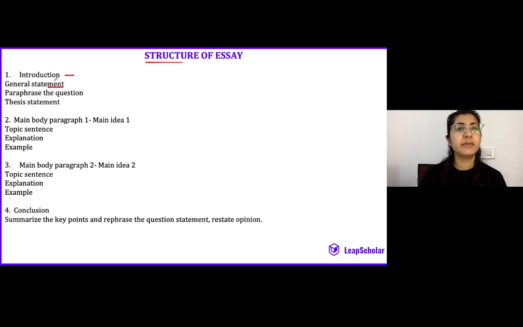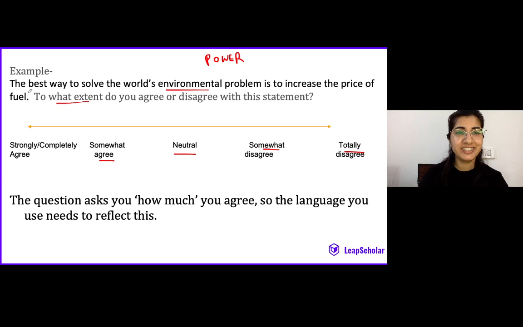After this, your sentence number two needs to paraphrase the question. Paraphrase the question simply means you take the question from here to here, the prompt, you rephrase it using synonyms. Let's do it together.